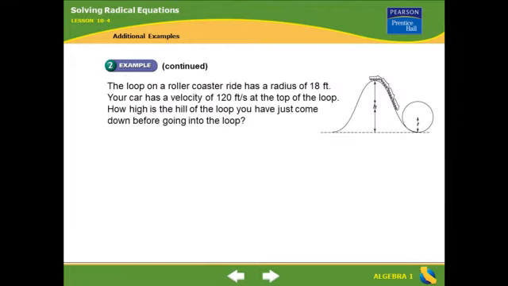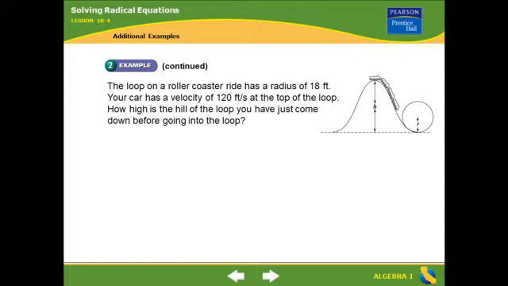The loop on a roller coaster ride has a radius of 18 feet. Your car has a velocity of 120 feet per second at the top of the loop. How high is the hill you have just come down before going into the loop?